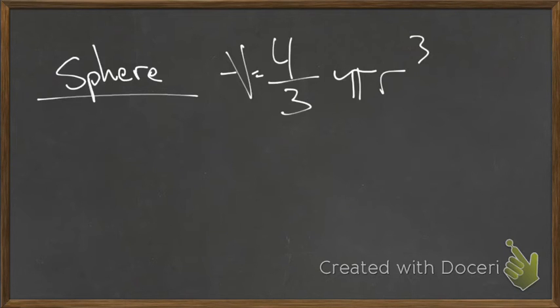Yeah, the radius, that's it. Give me the radius. Wait, but a sphere is a 3-dimensional object. Correct. So how does that have a radius? Center to outside. Oh, yeah.